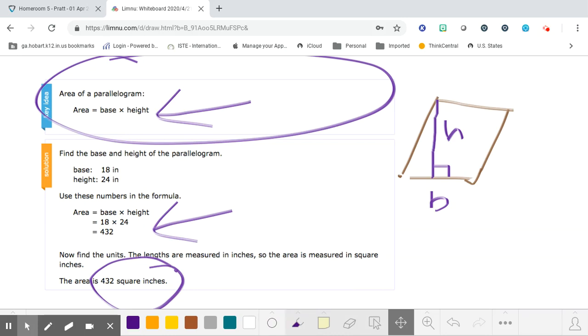It's a short assignment. You have 6 or 8 problems, so it's very short, and I think you'll find it pretty easy. But it does rely on you knowing your multiplication facts. The assignment's in Nearpod and you do need to show your work, so you'll be able to write on the slides.